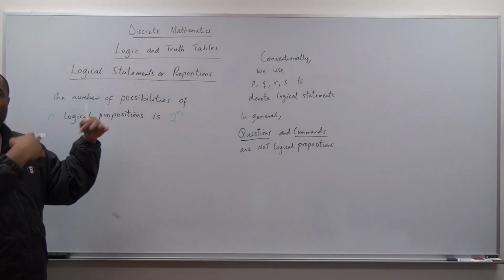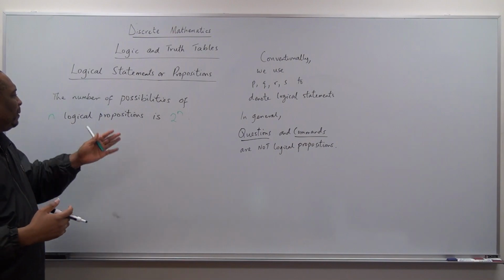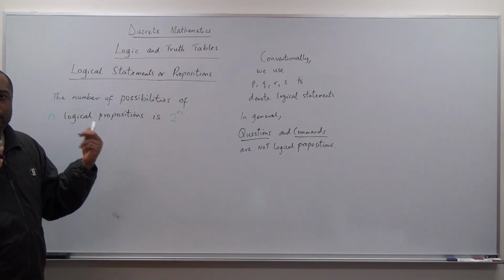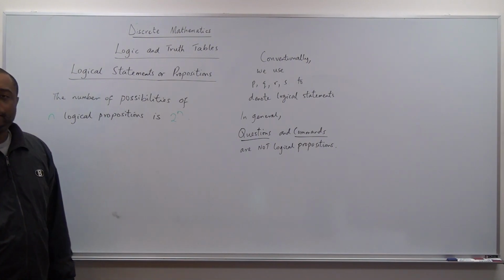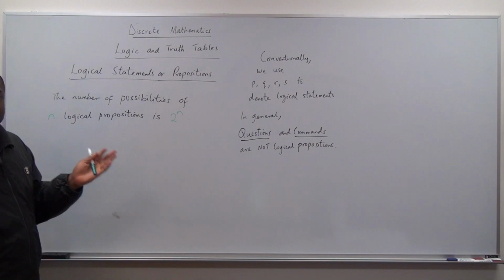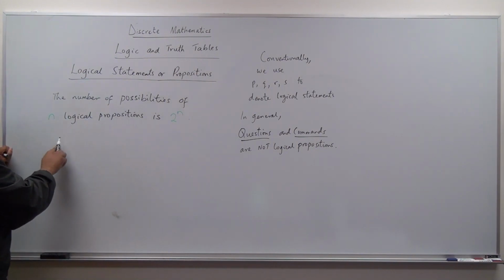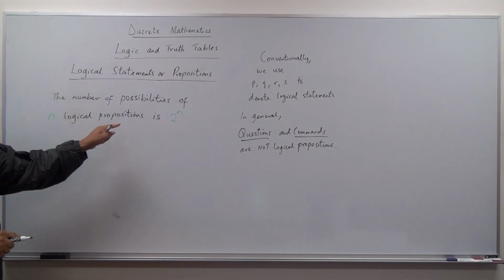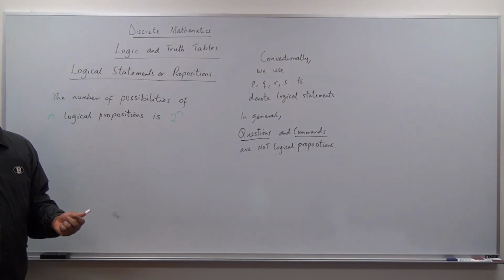Now, some of the things I'll teach here you might not see in some textbooks, but it's correct. And if you have any question, feel free to make your comments after watching the video. But I will not teach you any wrong thing. Now, the number of possibilities of n logical propositions or statements is 2 raised to power n.